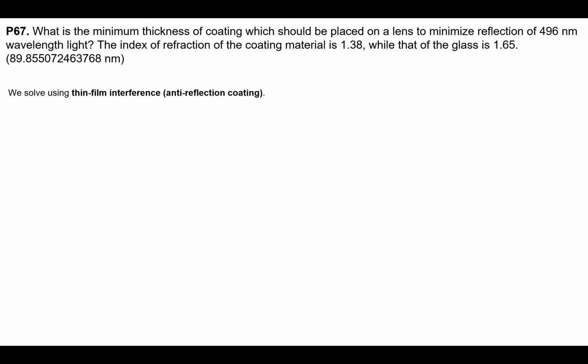What is the minimum thickness of a coating so that it is... So we have a 3-layer system: one is air, then the thin film, and then n3. Note that n2 is 1.38, n3 is 1.65, and n1 is 1. So in this case, there is no pi phase shift. That's the key thing.